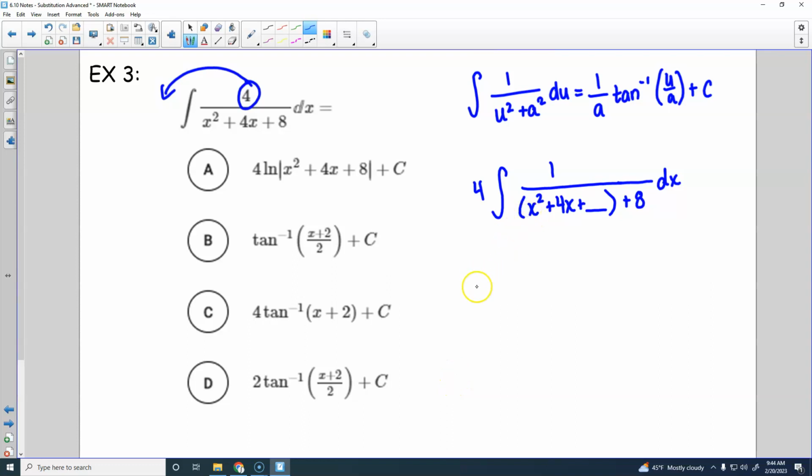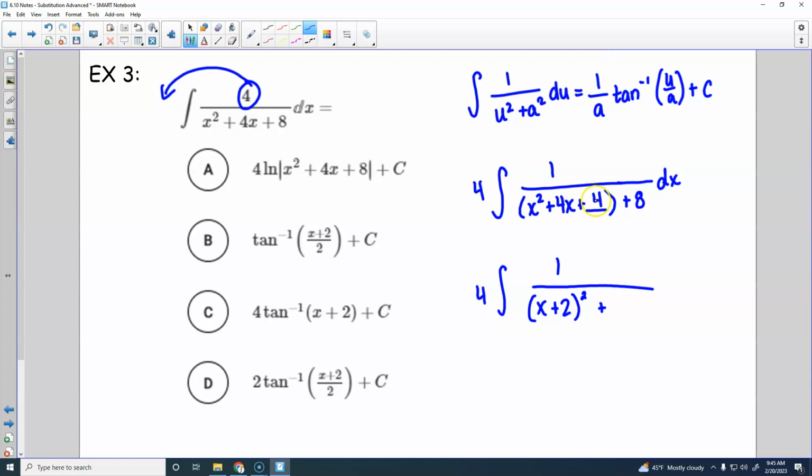If I complete the square, what I'm trying to do is get x plus something squared, plus something else. So I've got the same numbers again. So 4, if I divide it in half, I get 2. Square, double, square. The number I need to add right here is 4, just like the last one because we had the same middle term.